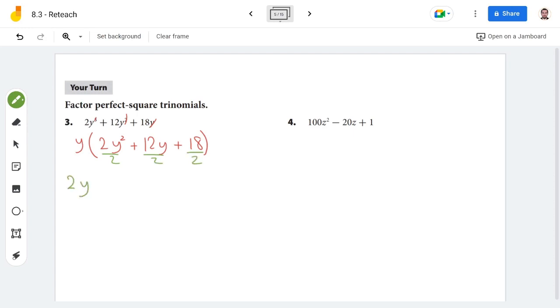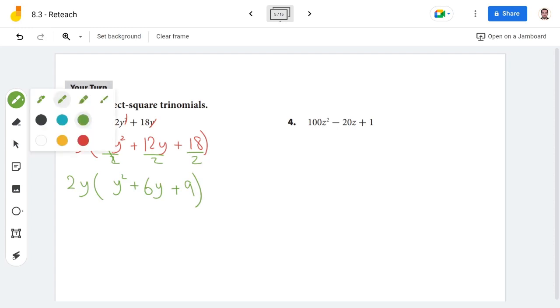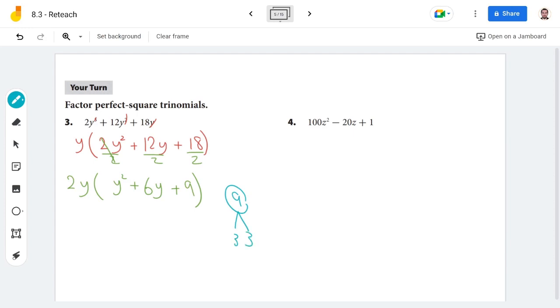Now 2 over 2 is equal to 1, so y to the power of 2, plus 12 over 2 is equal to 6y, plus 18 divided by 2 is equal to 9. So now this is a perfect square, and the factors of 9 are 3 and 3.